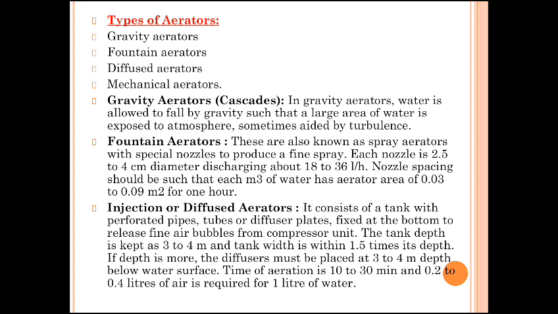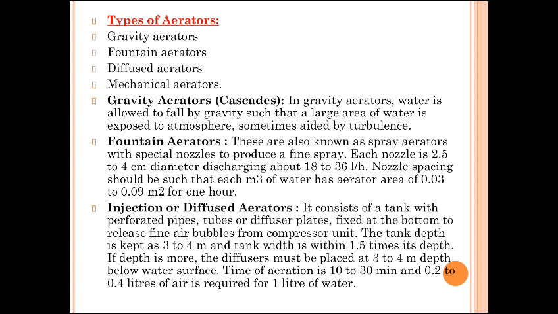Then diffuse aerators. It is also called injection aerators. It consists of a tank with perforated pipe, tubes, or diffuser plate fixed at the bottom to release fine air bubbles from a compressor unit.